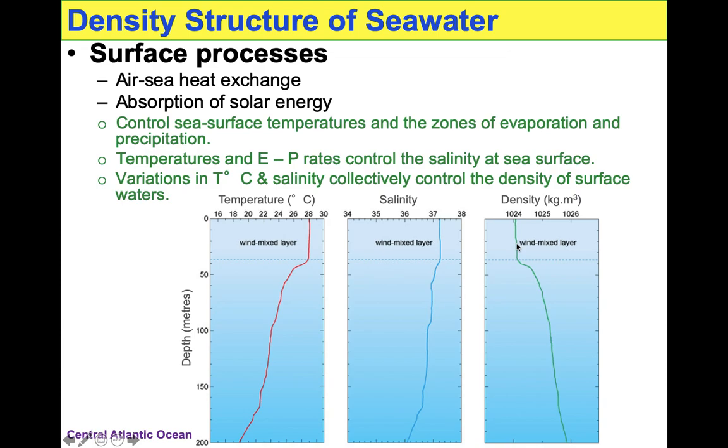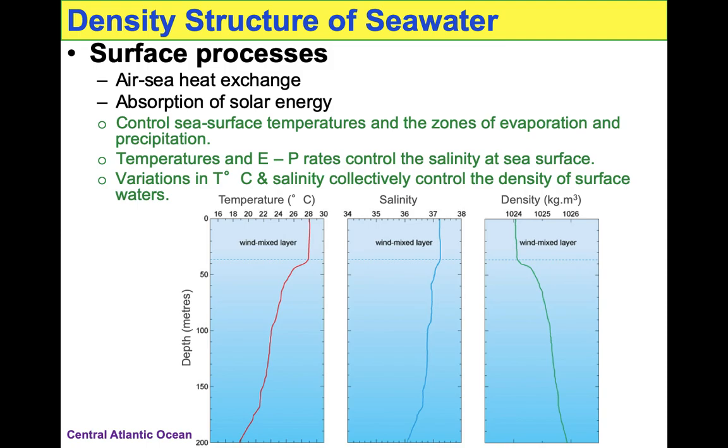But after about 40 meters or so, and particularly after we pass through the 50-meter depth in the Central Atlantic seawater, you realize that the density is now increasing quite steadily. And that's because basically the ocean water is getting much colder. And as it does, as we talked about in the last lecture, the density is increasing.